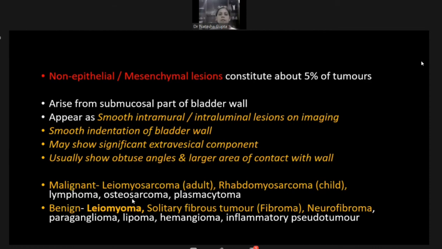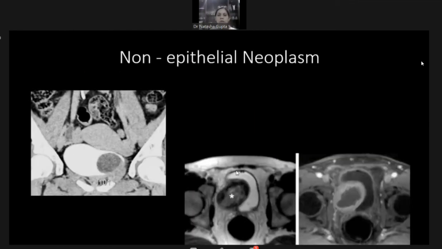So these are the more common entities among the malignant: leiomyosarcoma in the adult and rhabdomyosarcoma, the commonest submucosal bladder mass in the child. In fact, the most common bladder mass in the child is a rhabdomyosarcoma. And these are all the benign lesions that we discussed. So just to show you some examples, these are both examples of leiomyomas of the bladder.